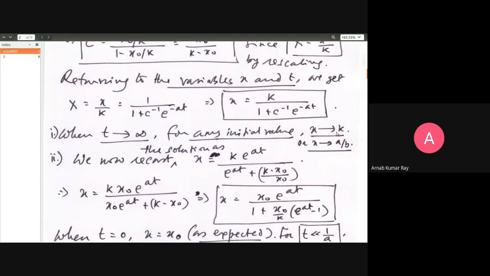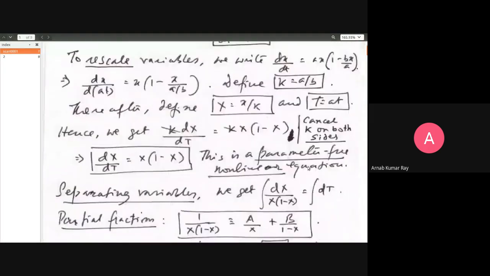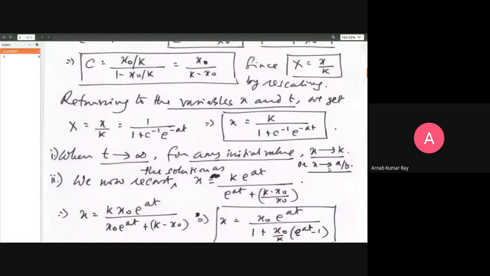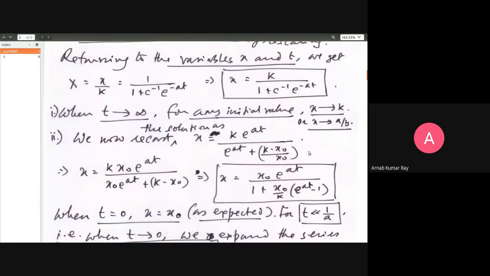And what is k? k was defined as a by b, as here when we rescaled. k was defined as a by b. And so when we go this way, small x will be equal to a by b. Okay. Now what we shall do is that we will look at this equation. We now recast this solution.